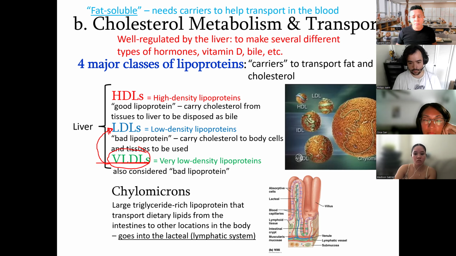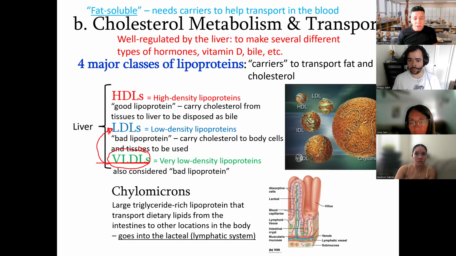Now, the real issue here is the ratio of HDL, LDL, and VLDL. As you can imagine, if you have too much LDL and VLDL, that's going to be bad. Why? Because we have a lot of cholesterol being deposited into the tissue. The more LDL and VLDLs you have, the more cholesterol is going to be dumped into the tissue, and that can lead to the formation of plaques in the cardiovascular system.